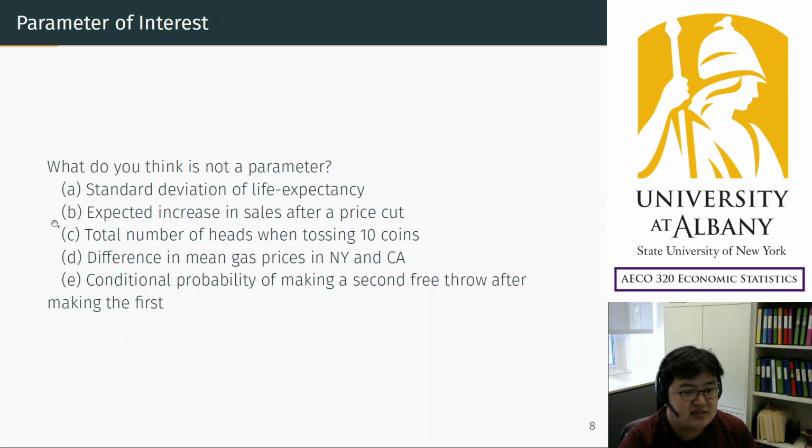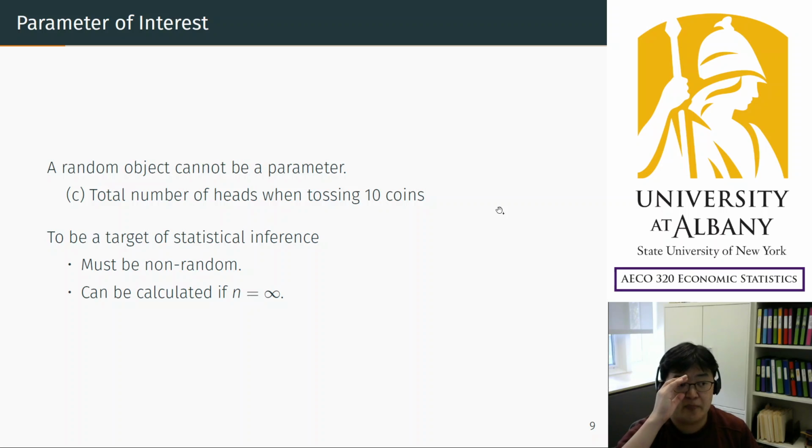The answer is C. Because the total number of heads when you toss 10 coins is already a finite observation, this is not a parameter. This is a statistic. You observe the 10 coins, so this cannot be a population.